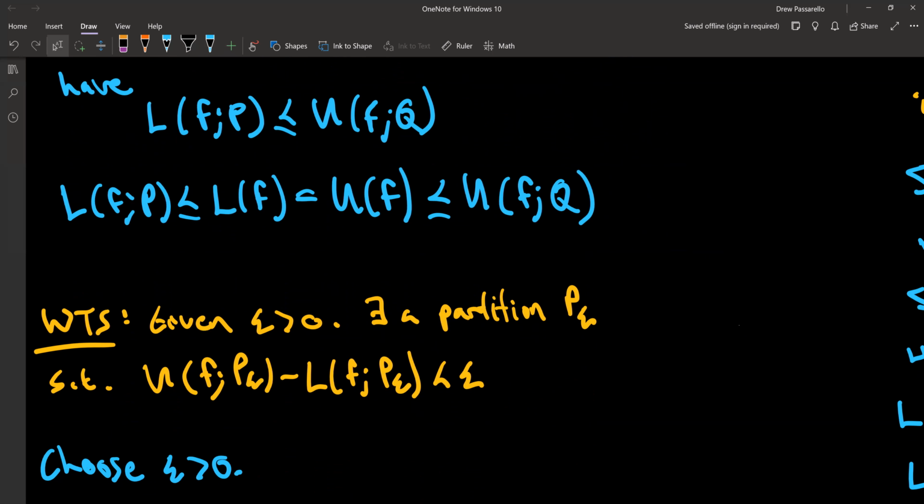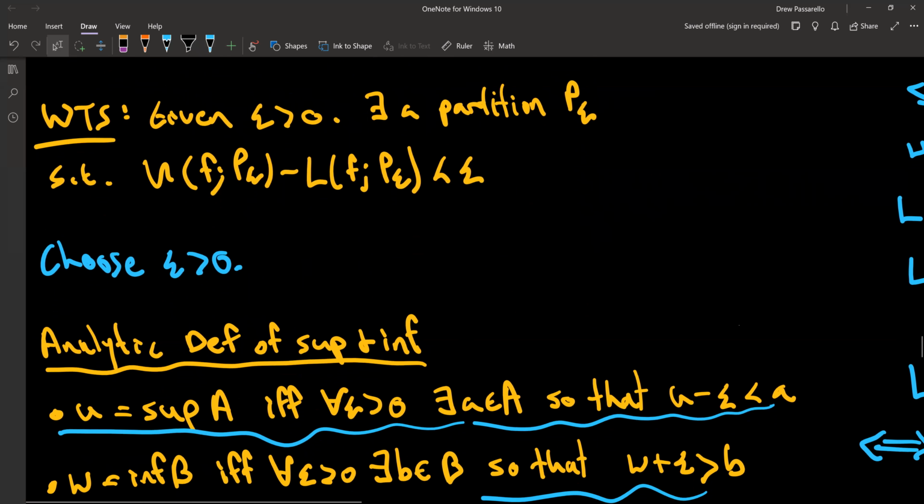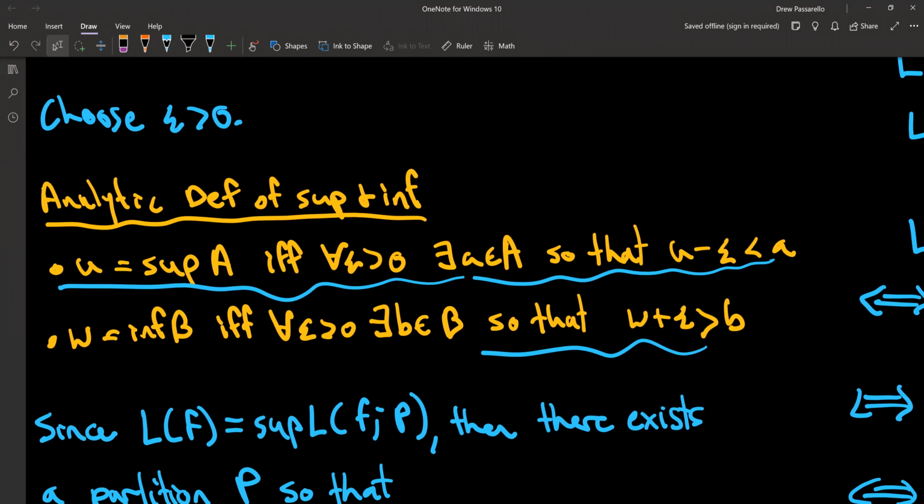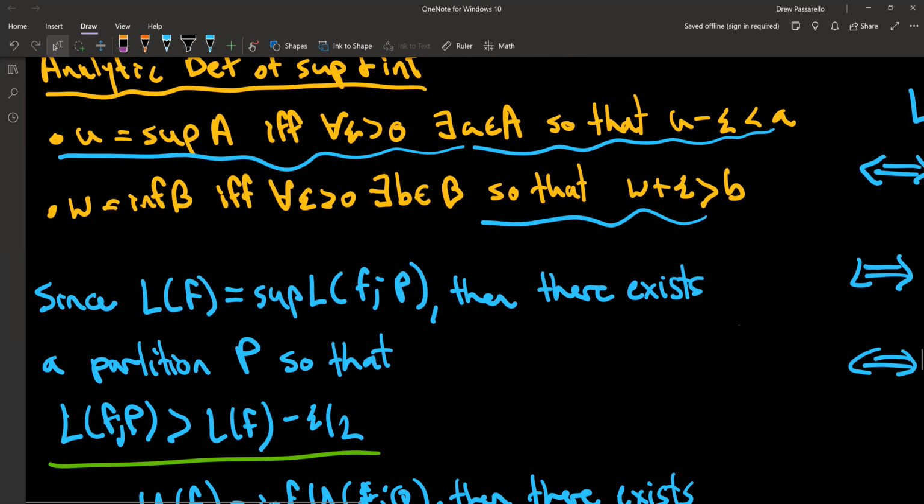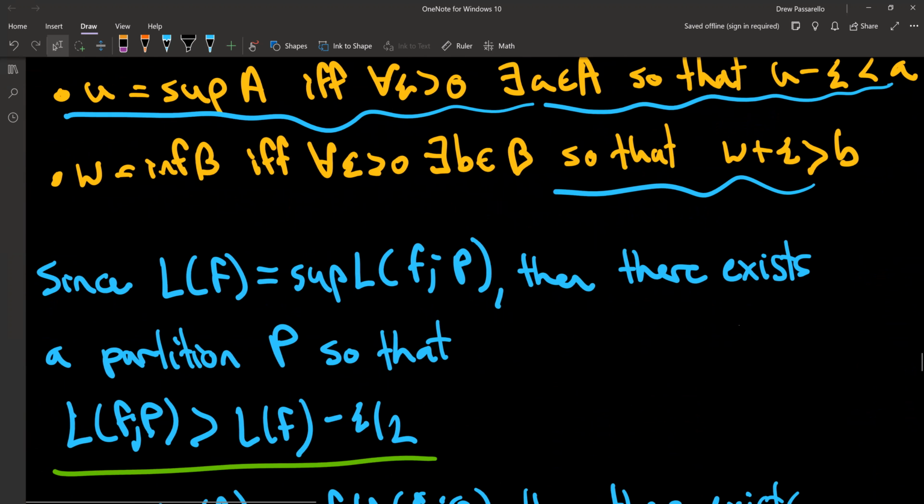We wanted to show that given epsilon, there exists a partition P of epsilon so that the upper sum minus lower sum is less than epsilon. So choose epsilon greater than 0. And then I use the analytic definition of sup and inf. In particular, since L of f is the supremum of the lower sums of all partitions P, there exists a partition P so that the lower sum of that partition P is greater than L of f minus epsilon over 2.